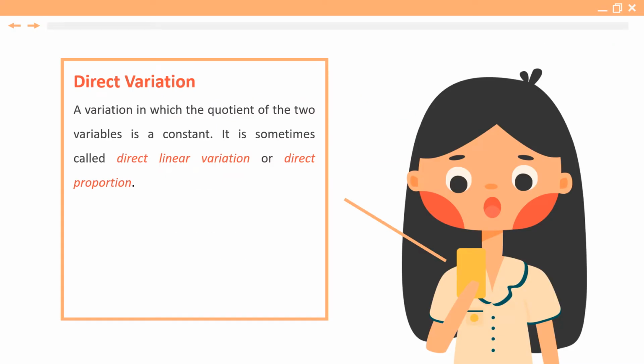So we would define direct variation as a variation in which the quotient of the two variables is a constant. It is sometimes called direct linear variation or direct proportion.